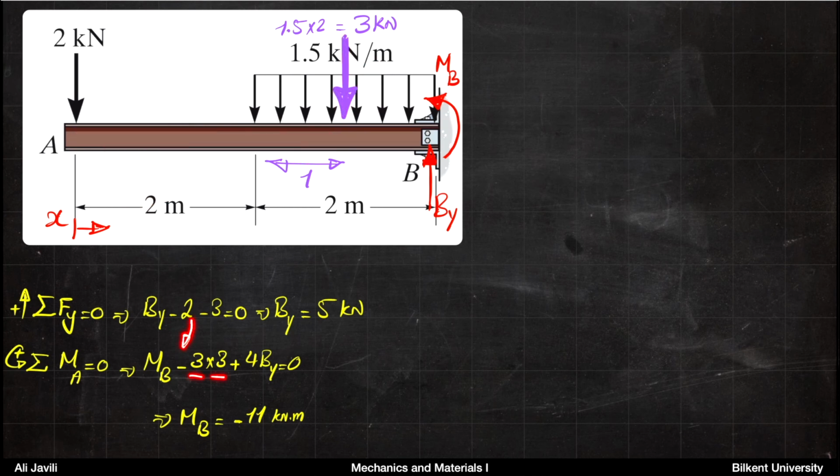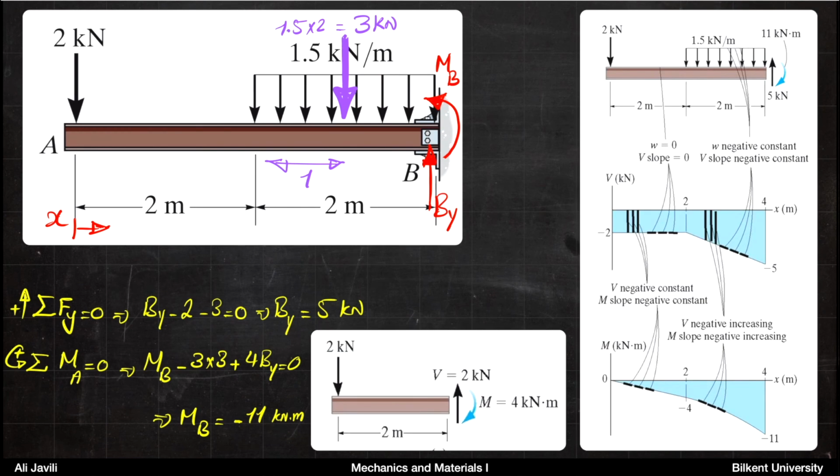Then plus 4 times By. By is upwards, 4 is the distance, and it causes a counterclockwise moment, so it comes with a plus. If you calculate MB, it reads minus 11 kilonewton meter.